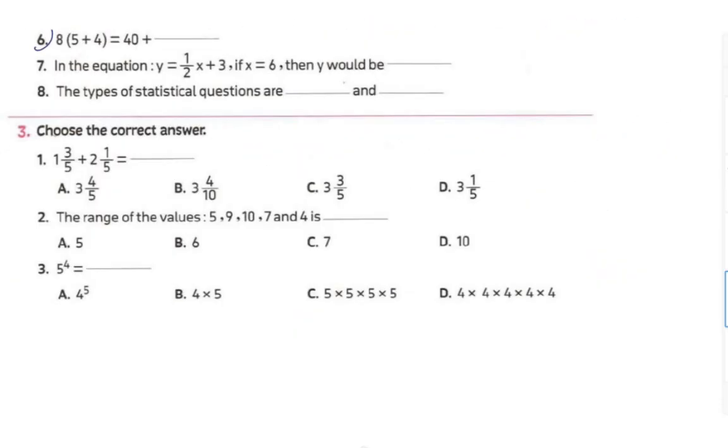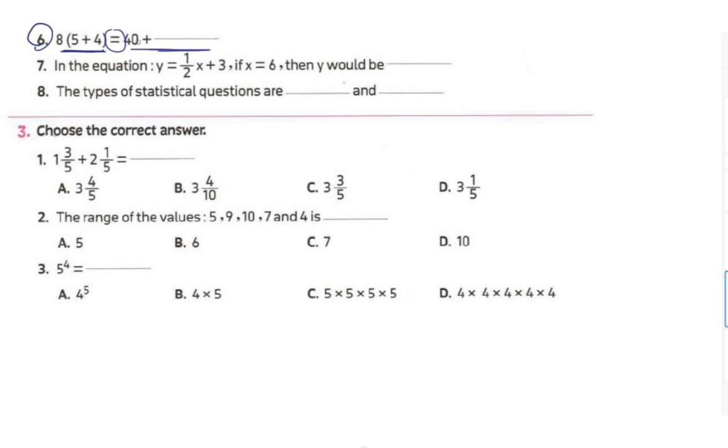Now let's go to the third page of our model 3. Let's go. Question number 6. 8 times parentheses 5 plus 4 equals 40 plus blank. Now this is an equation. We have a left side and a right side, and in between is the equal sign, so left side equals right side.